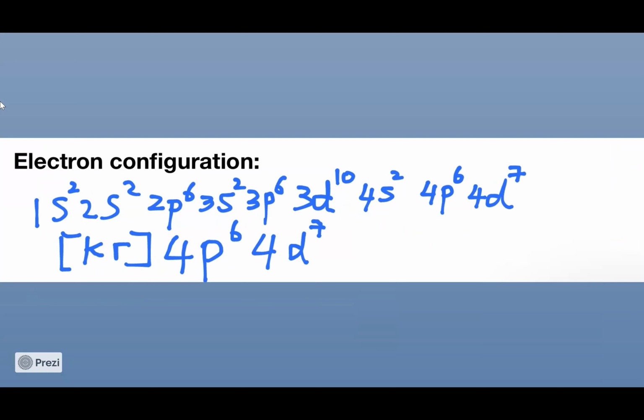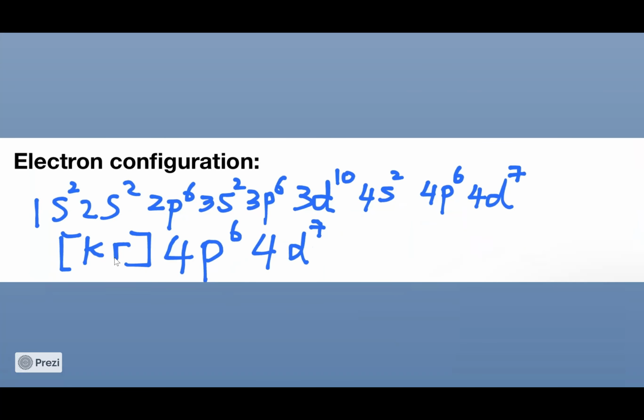Realize in every orbital here, it has the exponents. What does it stand for? Well, like I said before, for example, we have 1s2. What does the 2 stand for? It stands for how many electrons it holds. And when you add all the exponents together, it should give you 43 electrons in total.